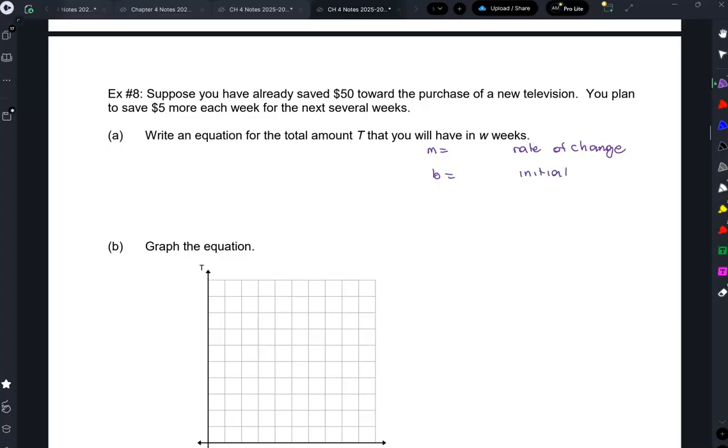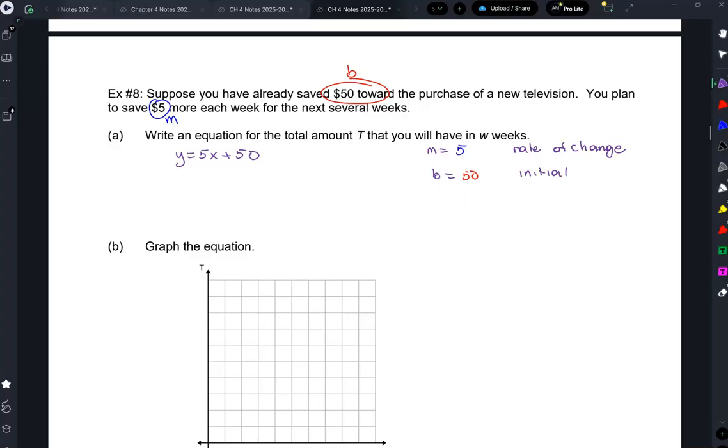So what's the initial value here? 50. That's your B. And what's the rate of change? 5. So the equation will be y equals mx plus b, y equals 5x plus 50.